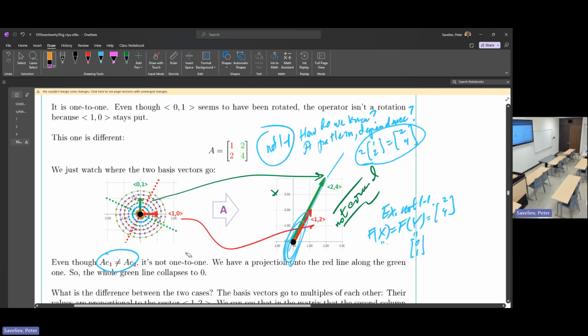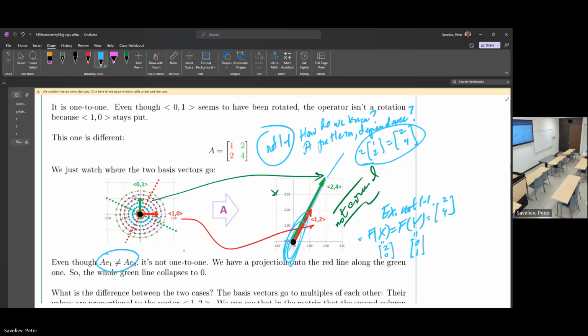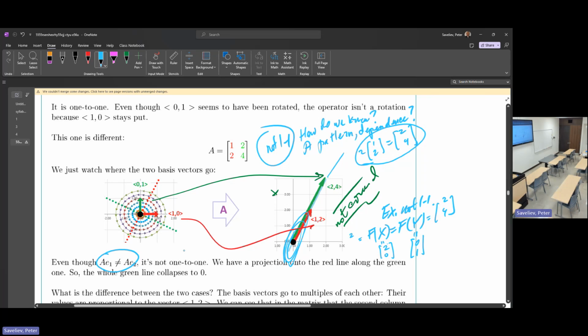In other words, 2, 0. Okay, where does 2, 0 go? We know where it goes. It goes to 2, 4 as well.